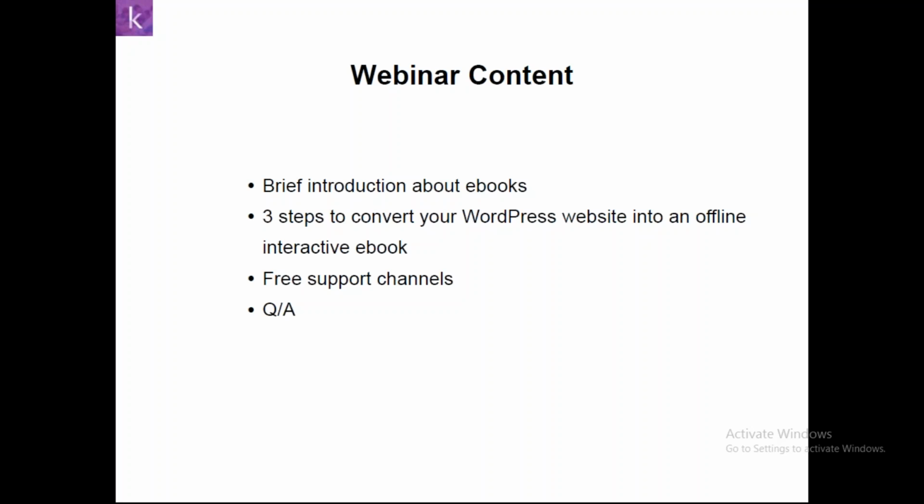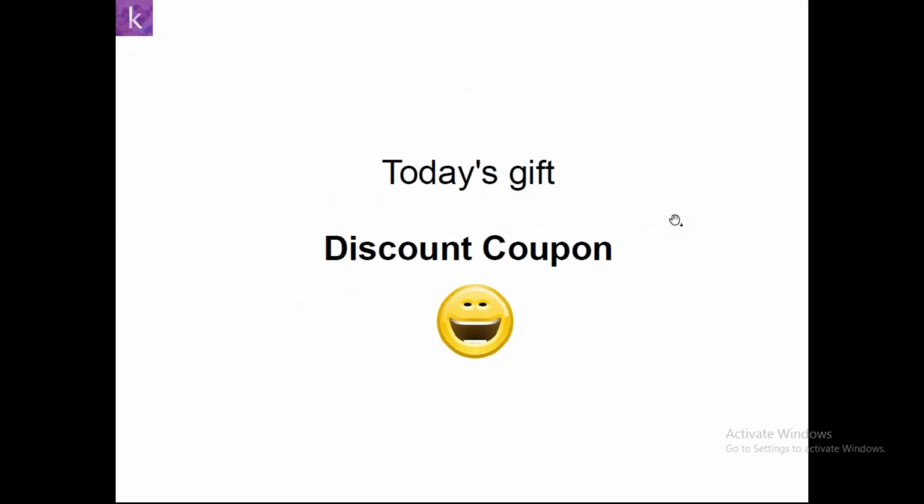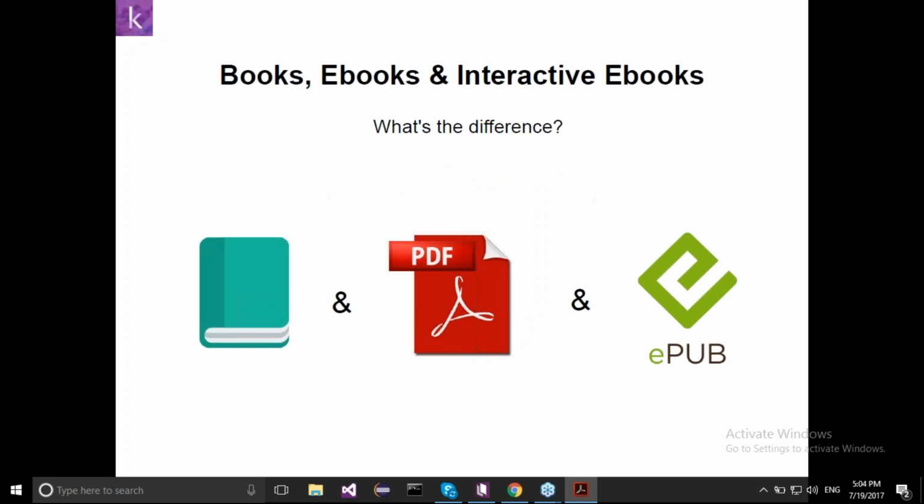And finally, at the end of the webinar, there will be maybe 10 to 15 minutes for answering all of your questions. And of course, at the end of this webinar, there will be a discount coupon available for all of the attendees that remain till the end. Okay, so let's start.